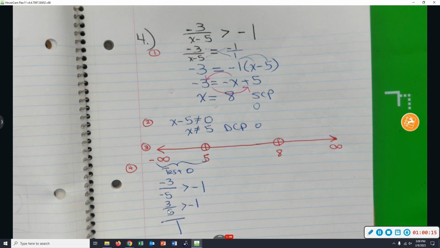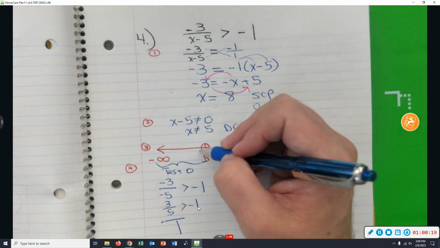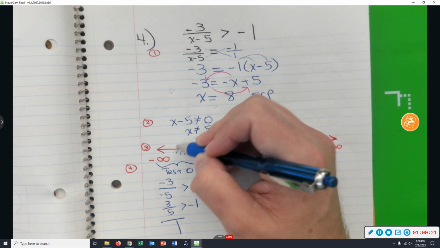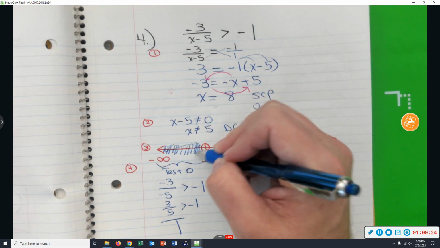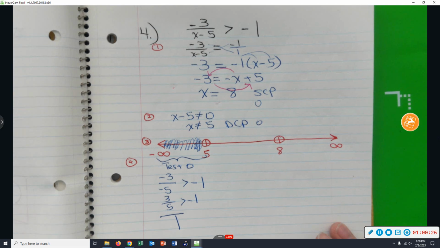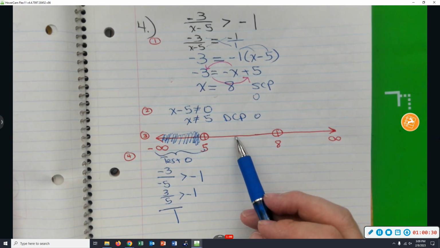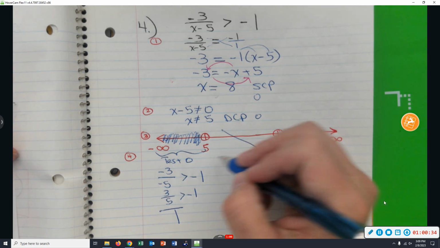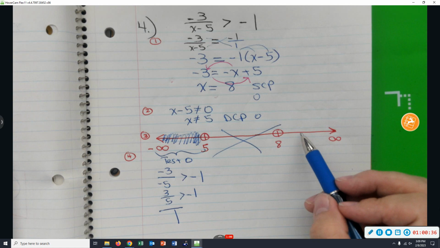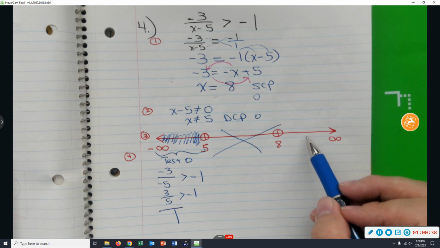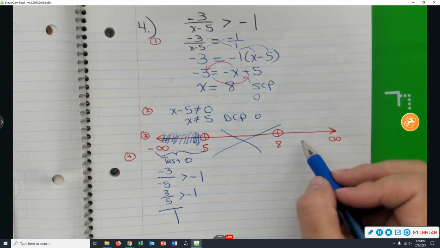See, positive is always bigger than negative. So we shade here. Suppose I tested 6 or 7, what would I have done? Shaded or crossed out? Crossed out. Suppose I tested 9, 10, or 20,000, what would I do? Shade it.